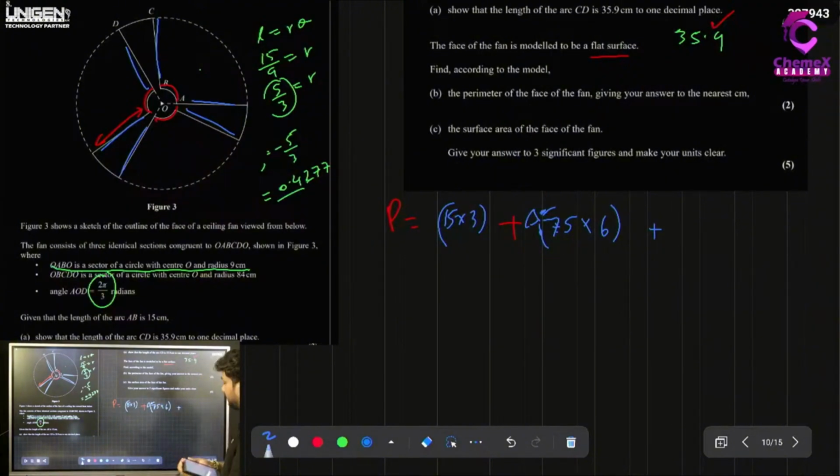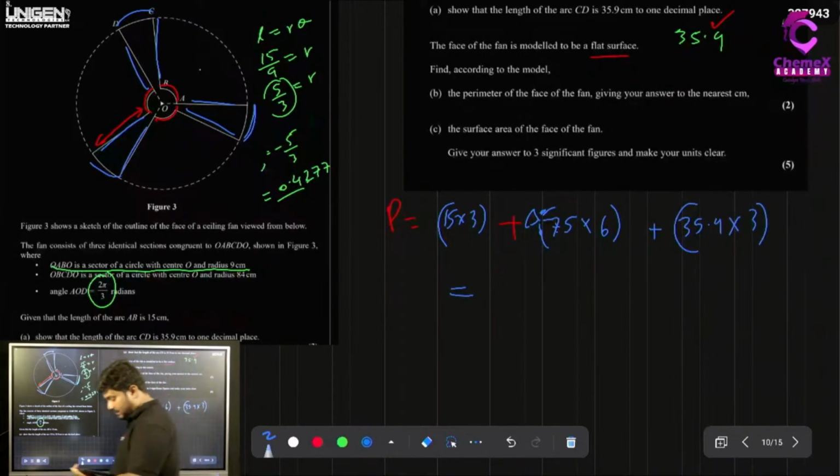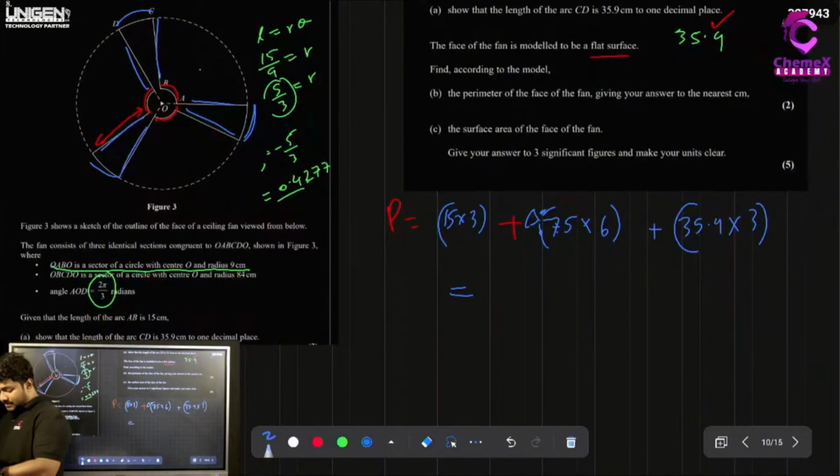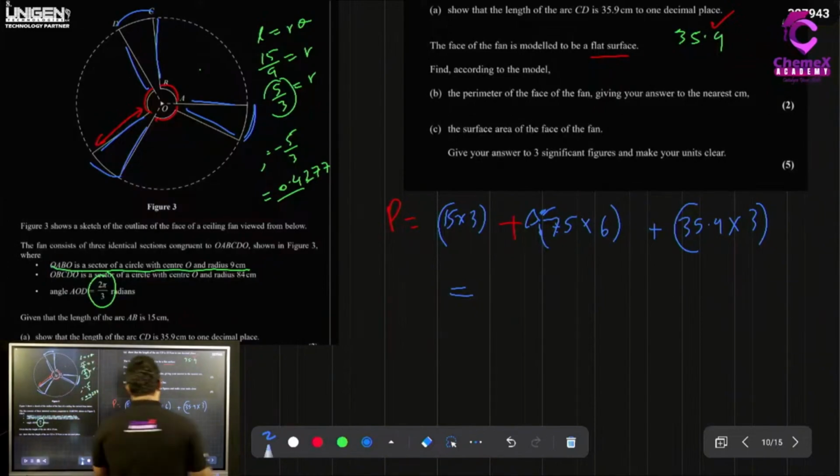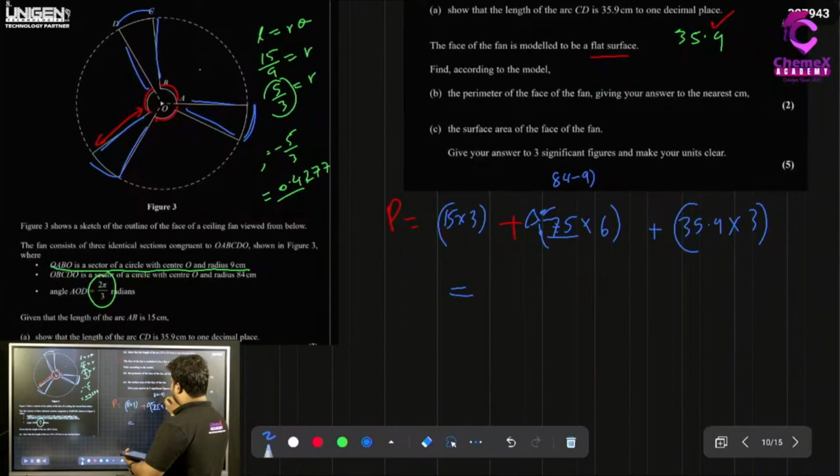Okay. Next one is what? Next one is these arc lengths. We found those. We found them as 35.9 times 3, because you have 3 of them. So can someone give me the answer? How did I get this 75? 75 was actually 84 minus 9. Okay, 75 times 6.